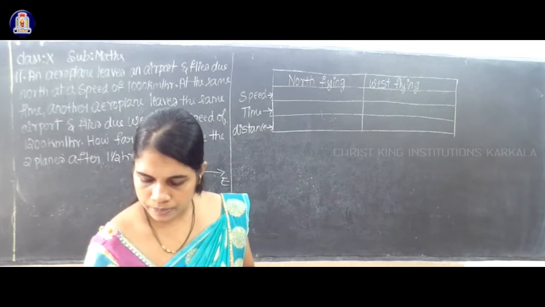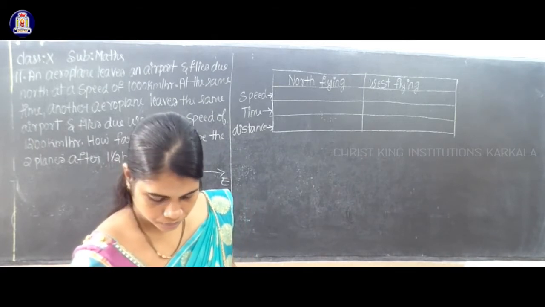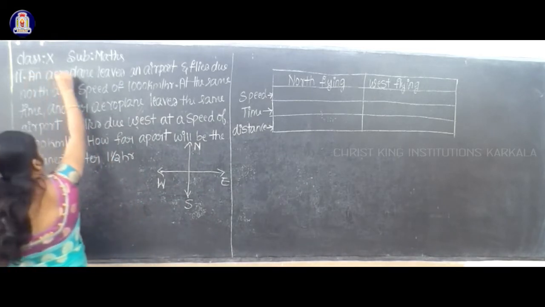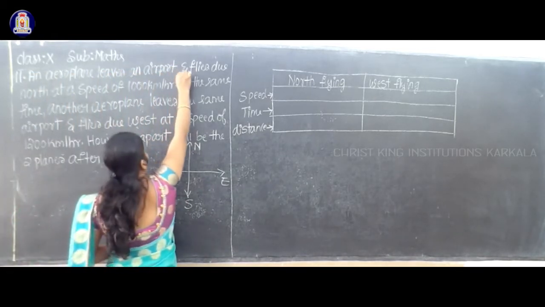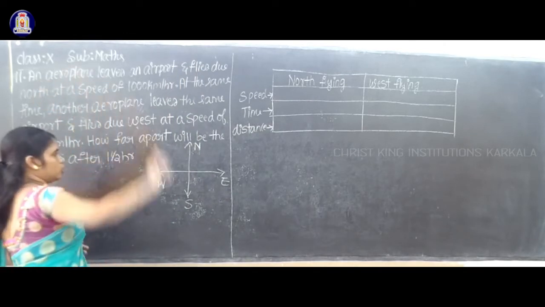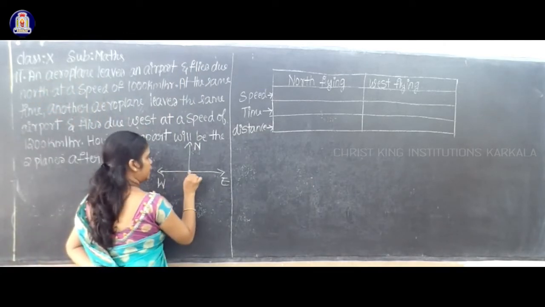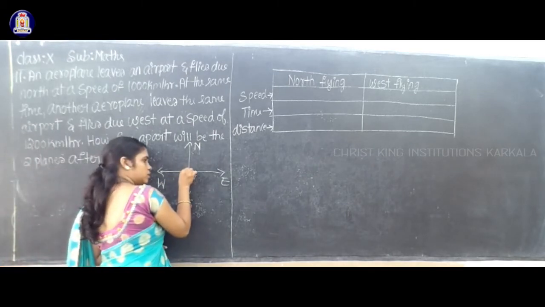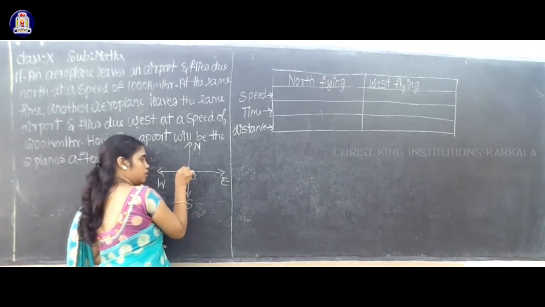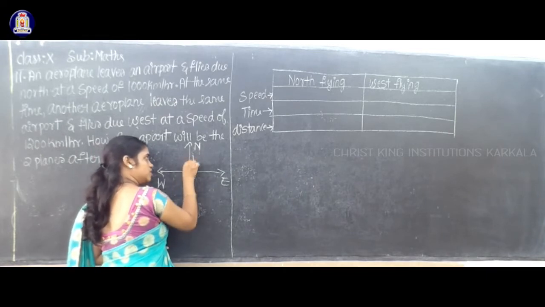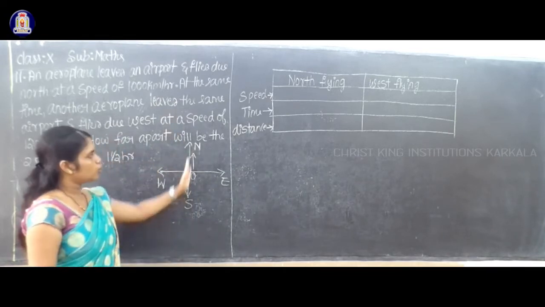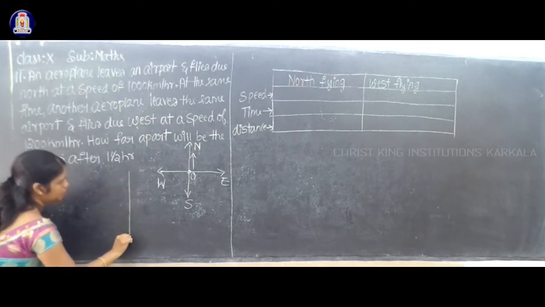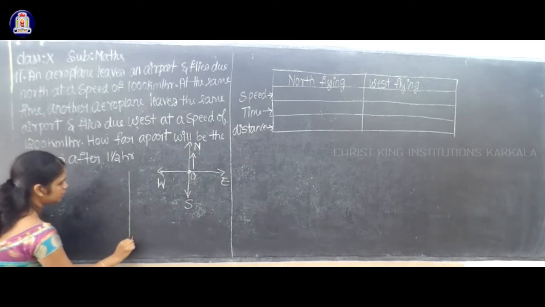According to this question, an aeroplane leaves an airport and flies due north. Suppose this is your airport. One aeroplane will leave this airport and fly in which direction? Towards the north. So I'll represent it by a line.